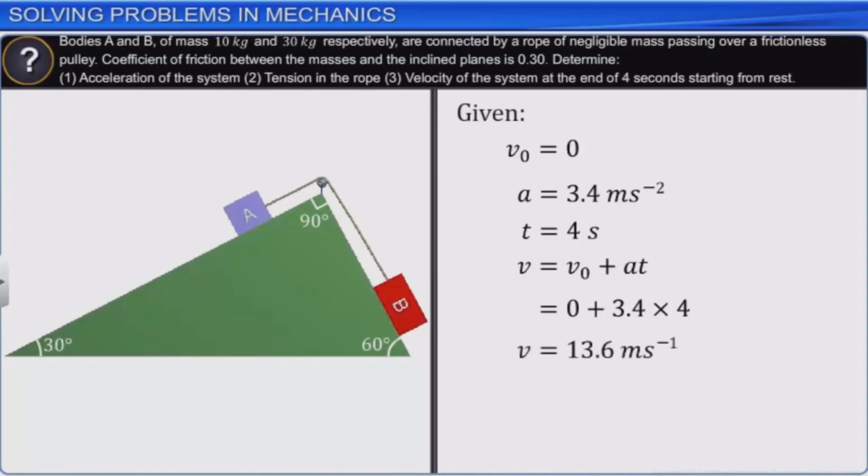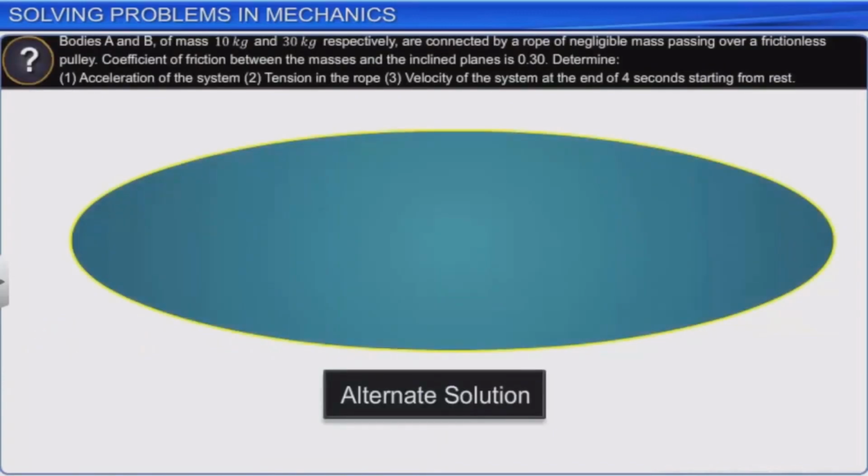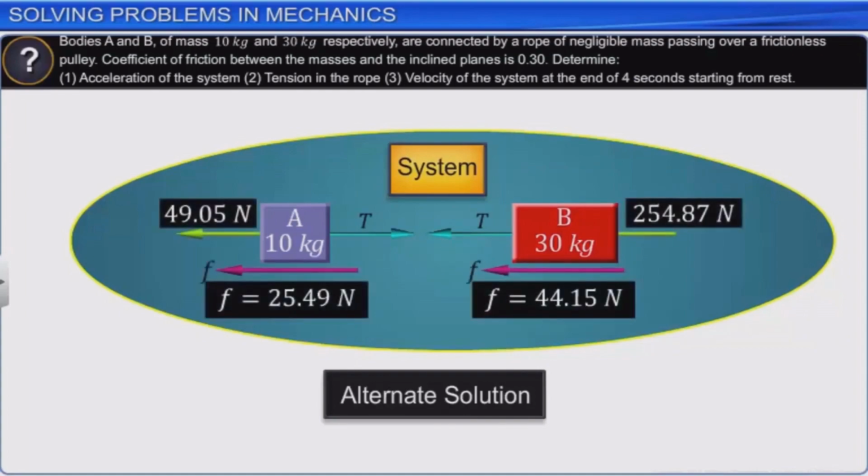Another way to solve this problem is that we can combine the two bodies A and B along with the rope into a system. Tensions T acting on body A and B now become internal forces and hence cancel out each other and will not be taken into consideration while writing the net force equation.